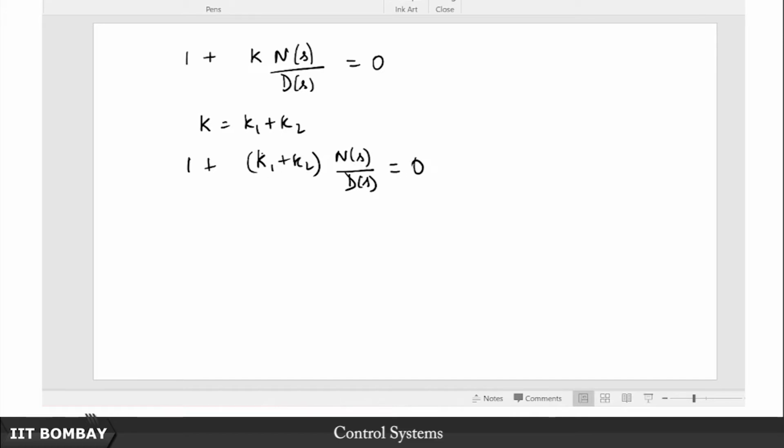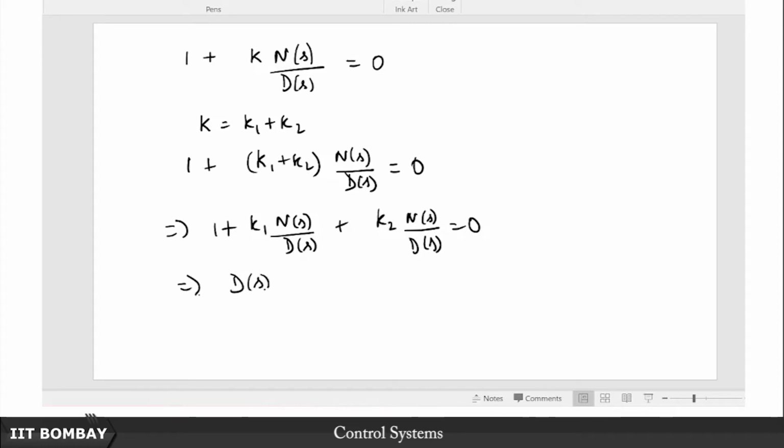Now suppose k1 corresponds to the value of gain at which this breakaway or break-in occurs. We can write this as 1 plus k1 N(s) upon D(s) plus k2 N(s) upon D(s) equal to 0. This is tantamount to writing D(s) plus k1 N(s) plus k2 N(s) equal to 0.